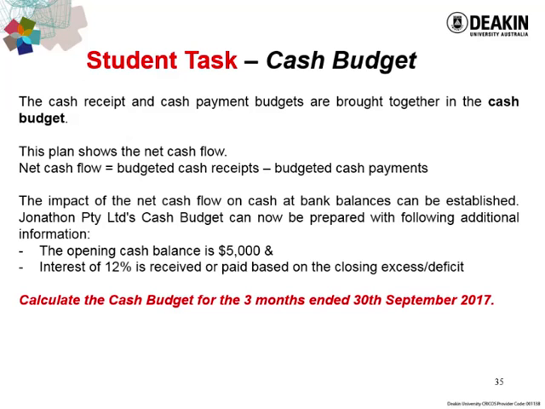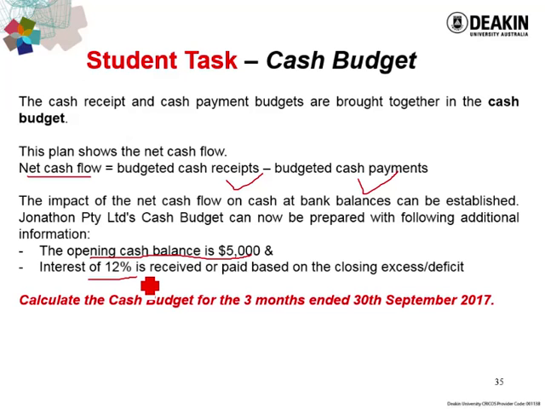After preparing the schedules of cash receipts and cash payments, we can prepare the cash budget. Net cash inflows is calculated as budgeted cash receipts minus budgeted cash payment. And additional information, the opening cash balance is 5K and the interest is 12%.